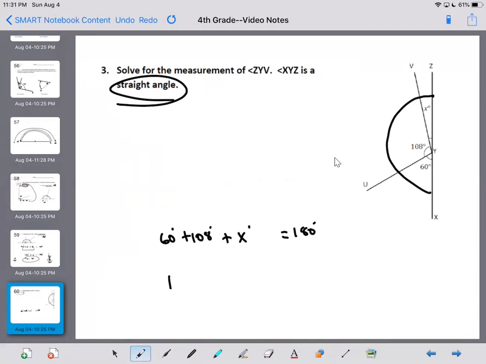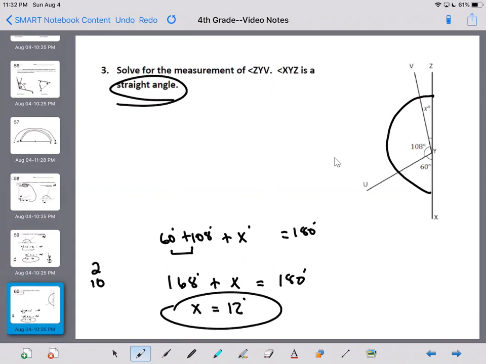So this should be 168 degrees plus X. And if I count up from 168, so 2 degrees will get me to 170, 10 will get me to 180, so X has to be 12 degrees. So that just means that 60, 108, and 12 all added up would give me 180 degrees.